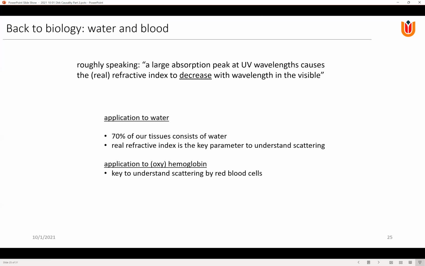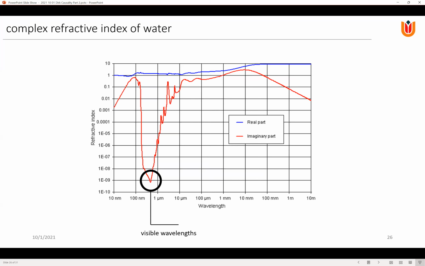The other important part of light-tissue interaction is blood, is hemoglobin, and it is also key to understand scattering by red blood cells. I'll give you a few examples. This is the complex refractive index of water on a wavelength axis.